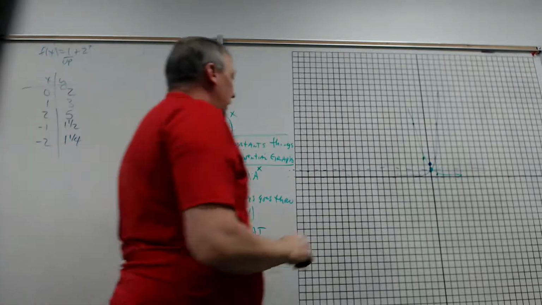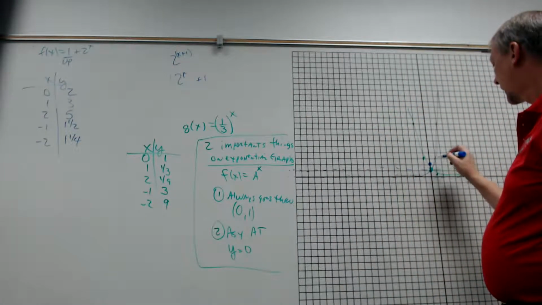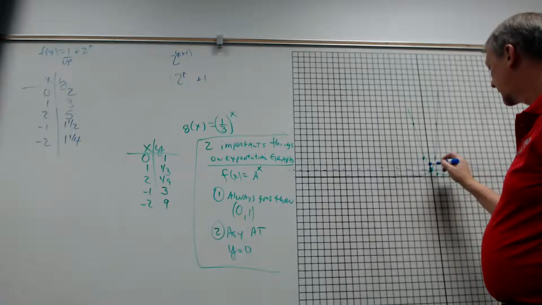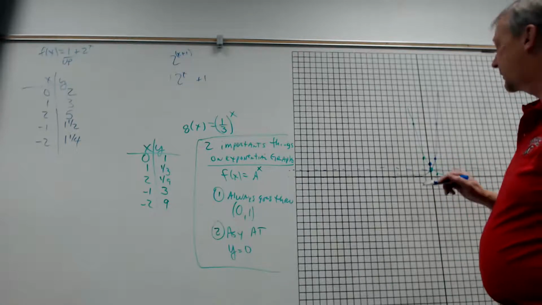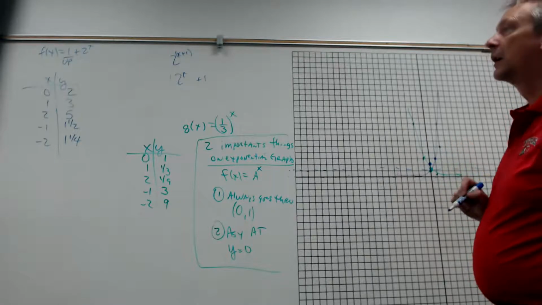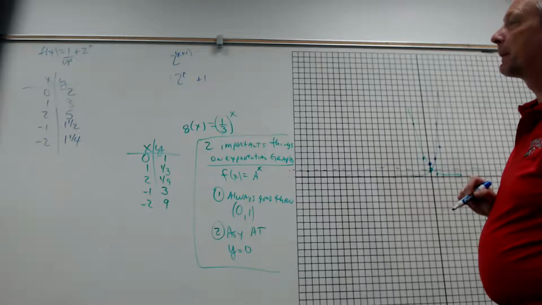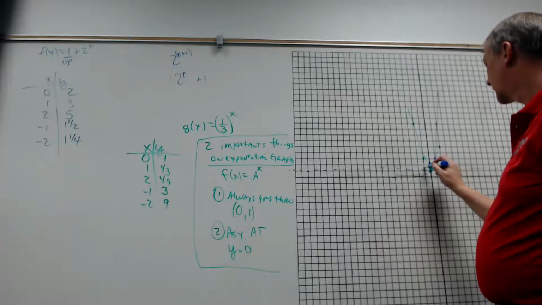Okay, so I've got 0 to 1, let's see, 2, 1, 3, 2, 3, 4, 5, -1, 1 1/2, whoops, 1 1/2 right there, and 1 1/4.